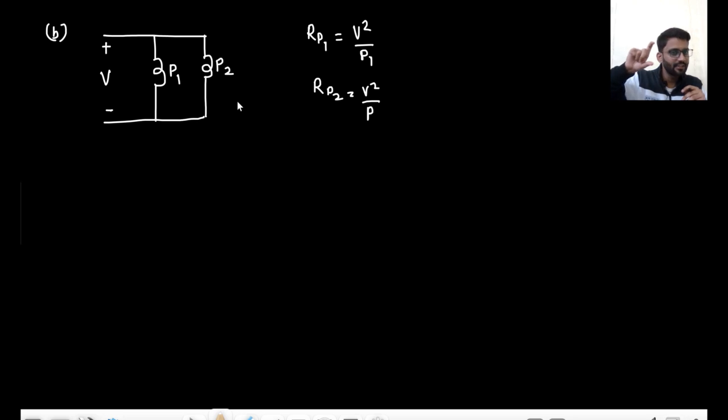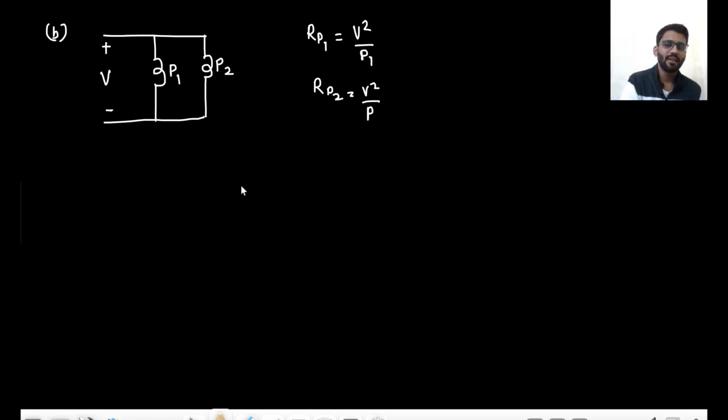What was their rated supply? That was V volt. So they are given the rated supply, so they will light up at the rated power only. What was the rated power? Rated power was P1. So this will light up at the P1 power only, and P2 will also light up at the P2 power only. So this will consume P1 power and this will consume P2 power. So what will be the total power? That would be P1 plus P2.